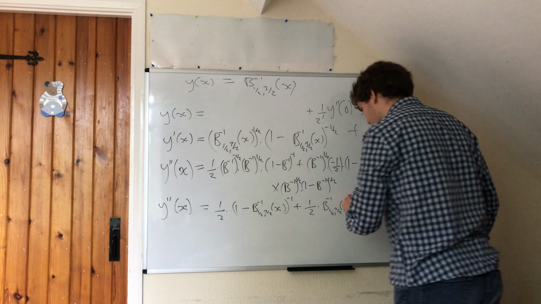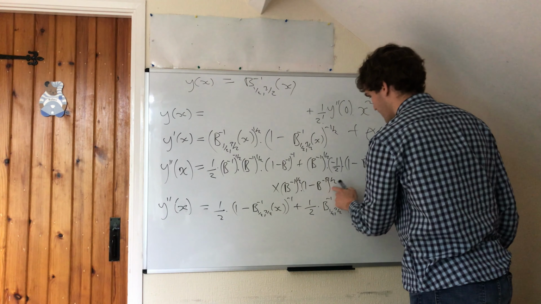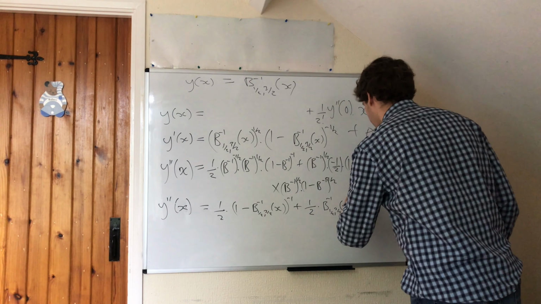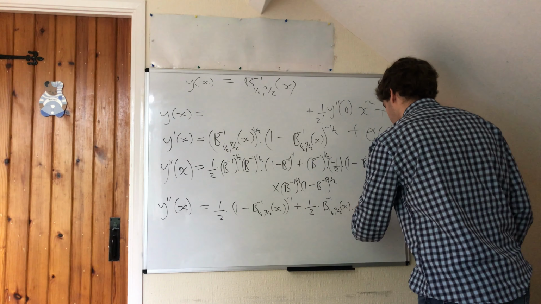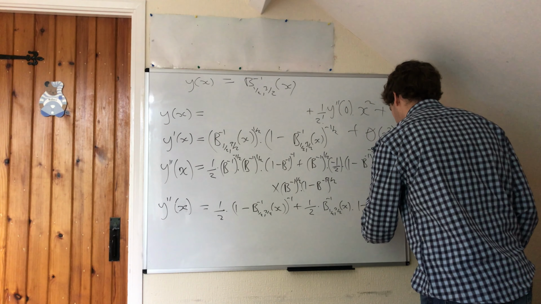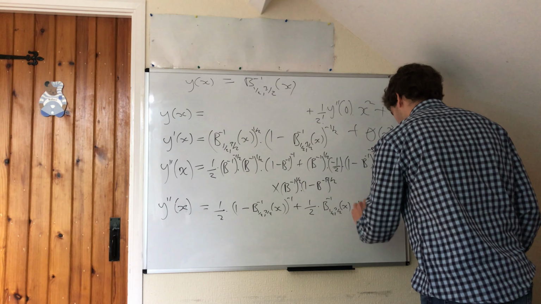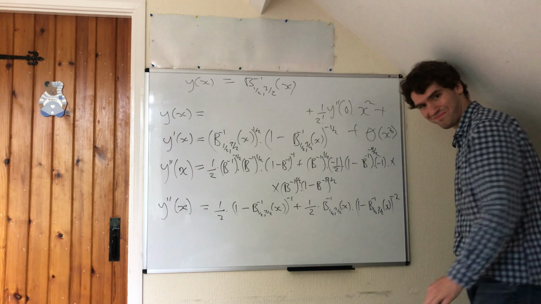So we get, oh sorry, this should be minus a half, so actually this gives it to the power of minus 2. So this means that we get 1 minus inverse incomplete beta function half 3 over 2 to the minus 2.